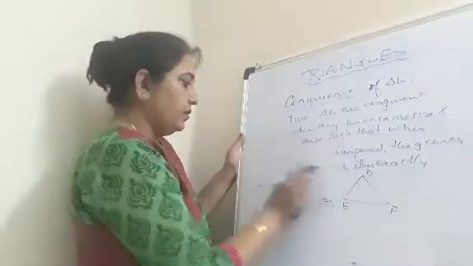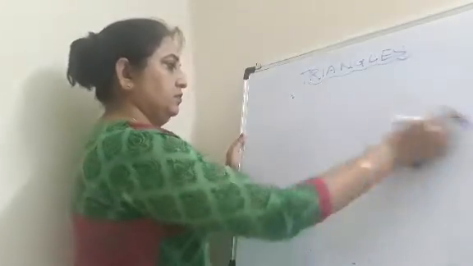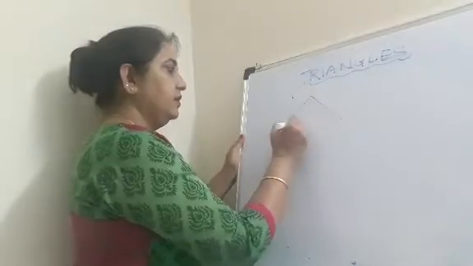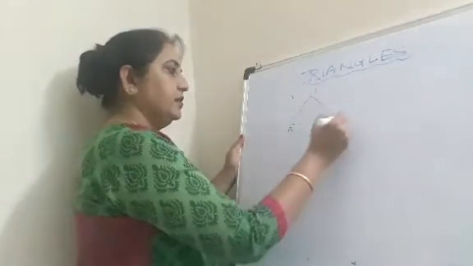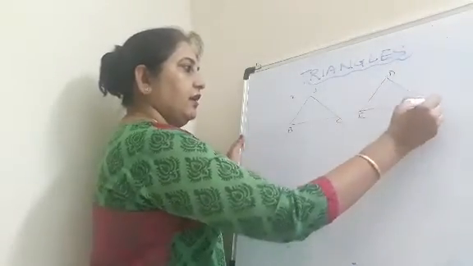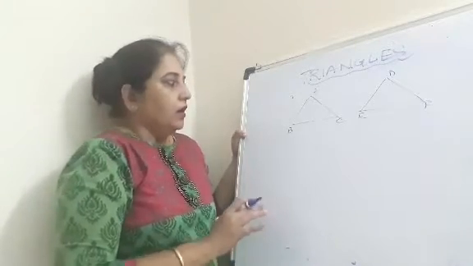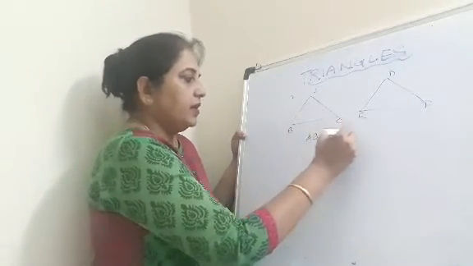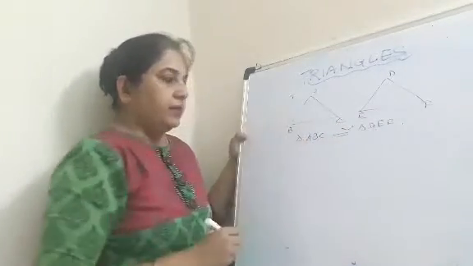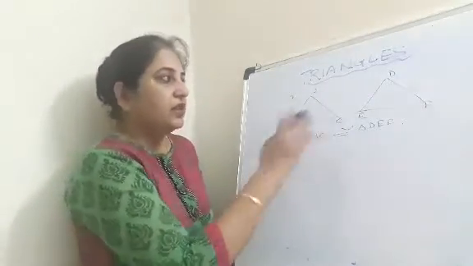Now, when we are studying congruence, we should also know the meaning of the corresponding parts. Take triangle ABC and triangle DEF. If the two triangles are congruent, ABC is congruent to triangle DEF, and if the corresponding parts are equal, then they will cover each other exactly.